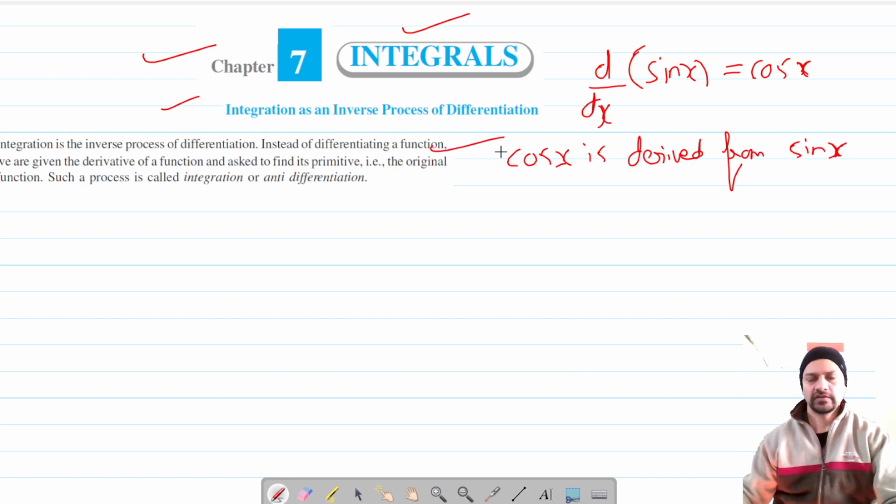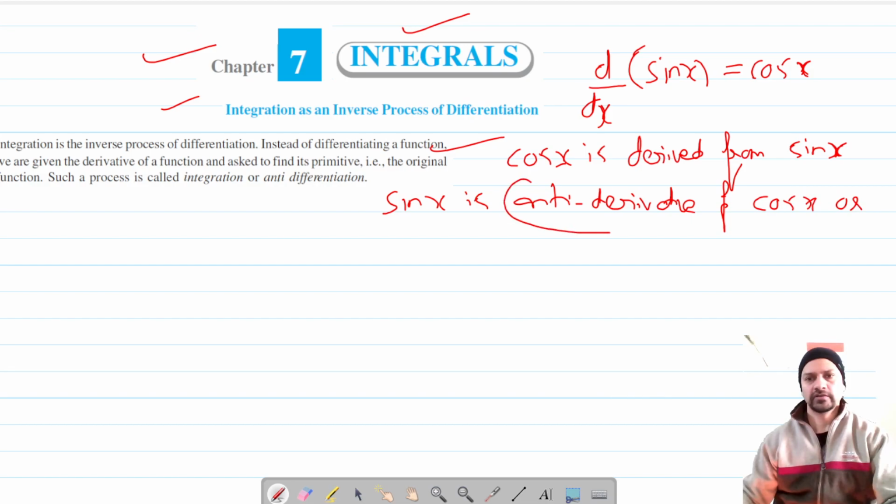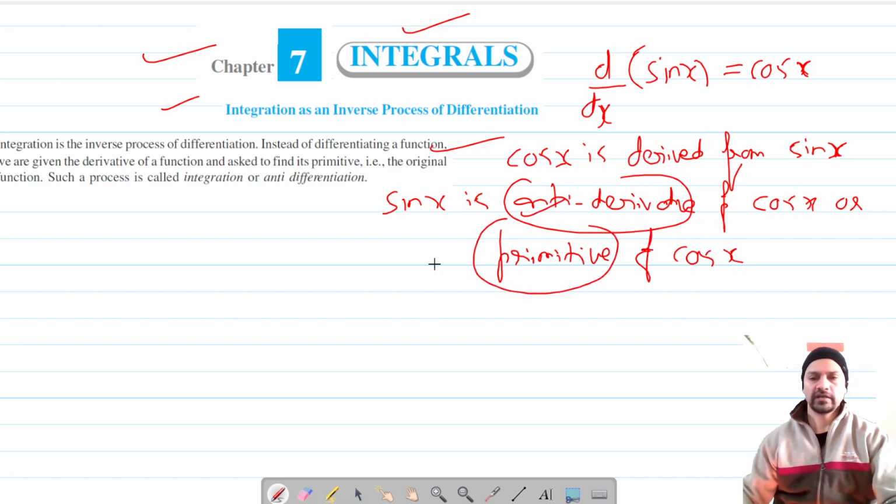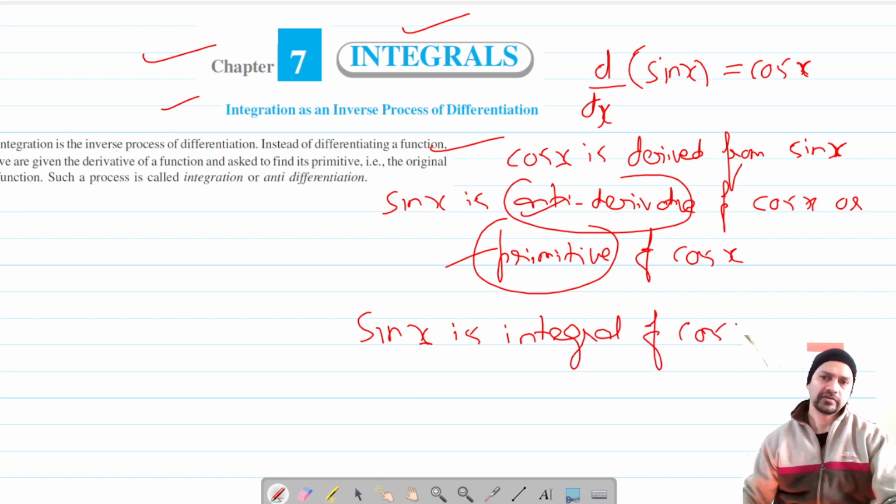Or we can say in another way that sin x is the anti-derivative of cos x, or instead of anti-derivative we can say sin x is the primitive of cos x. And now, instead of this anti-derivative and primitive, we can say sin x is the integral of cos x.